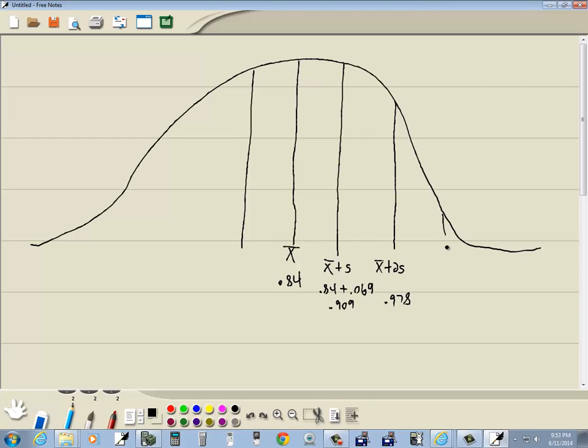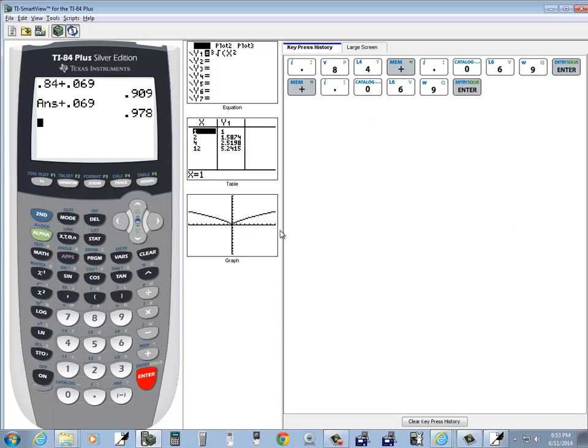And then the next one will be X bar plus 3 standard deviations. Again, we keep adding the 0.069, so 0.978 plus 0.069 is 1.047.